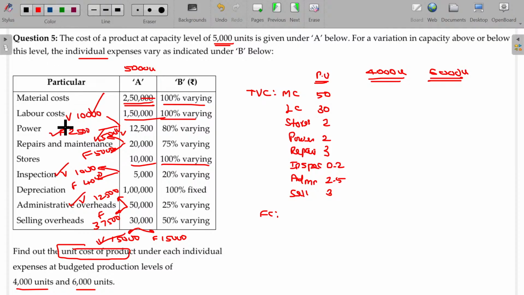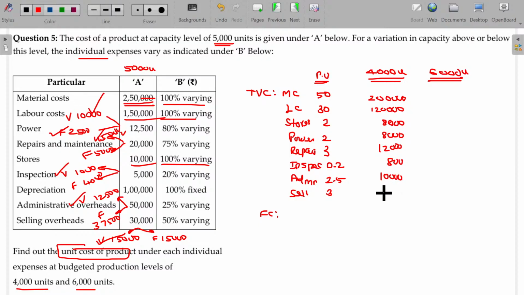Under that, first one being power. I'll finish up this first of all, material cost and all. 50 into 4,000 units, 2 lakhs. 30 into 4,000, 1 lakh 20. 2 into 4,000, 8,000. 12,000. 800. 10,000.